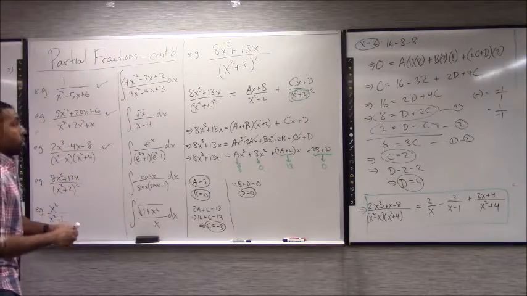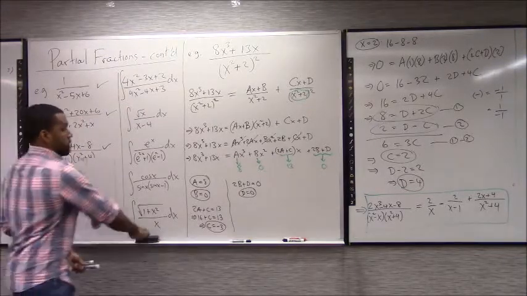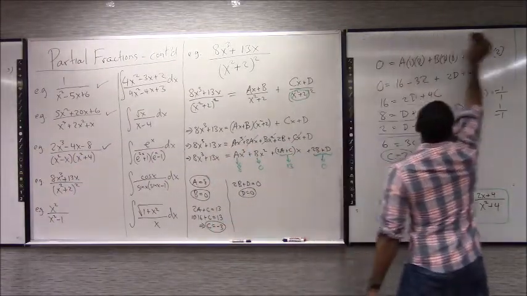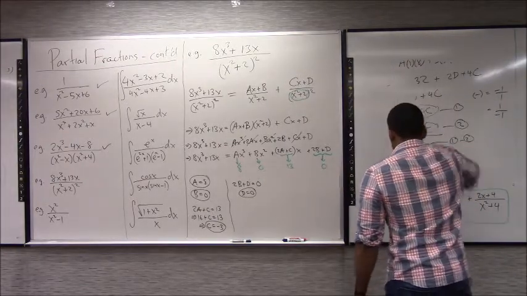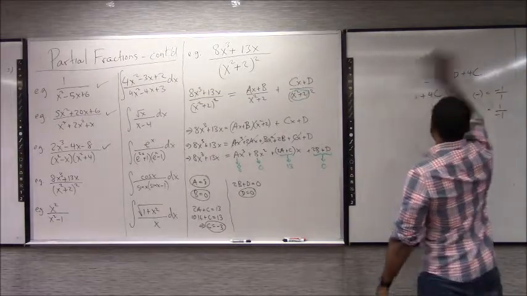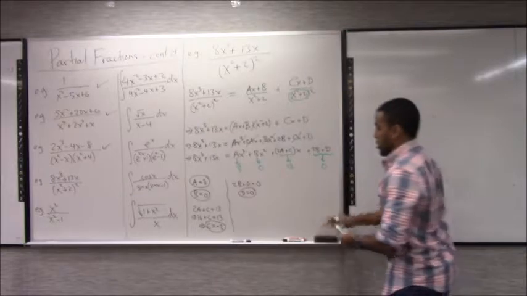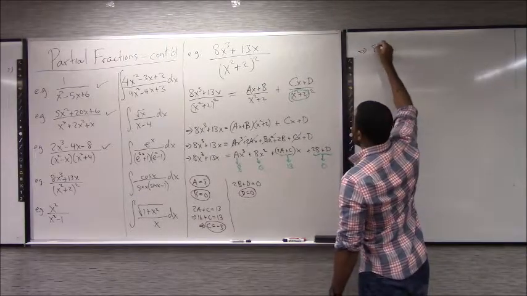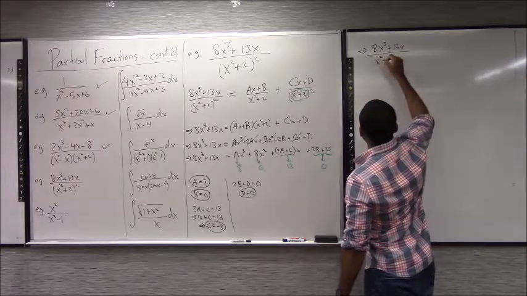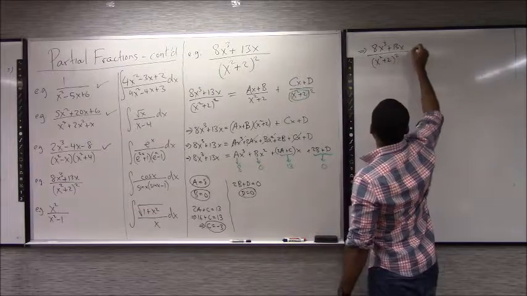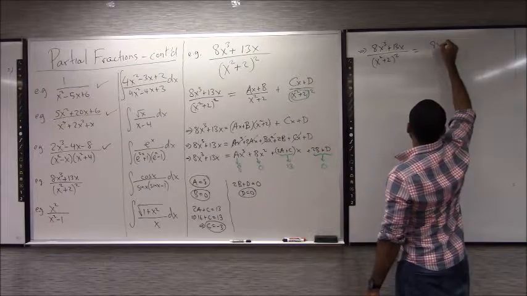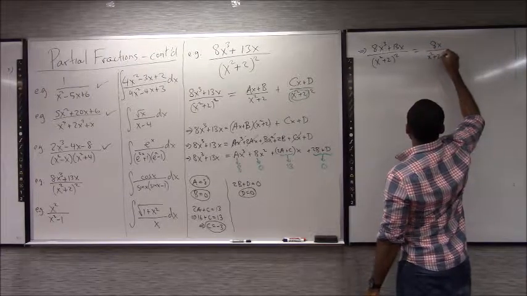And so what does this break up into? This means that my 8x cubed plus 13x over x squared plus 2 squared equals, a is 8, that's 8x over x squared plus 2.